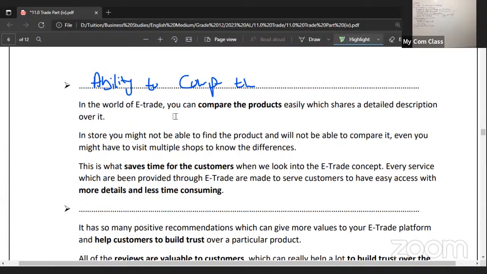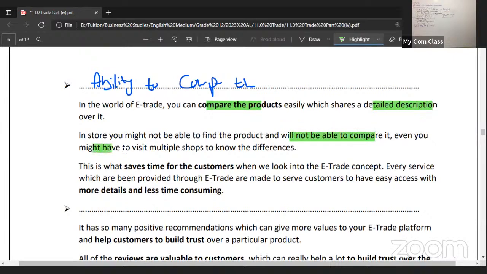So in the world of e-trade, you can compare the products easily, which shares a detailed description. You can download the description and compare, for a mobile phone, for example, the price, then the warranty, the features, compare everything, and you can take a good decision. In store, you might not be able to find the product and will not be able to compare it.